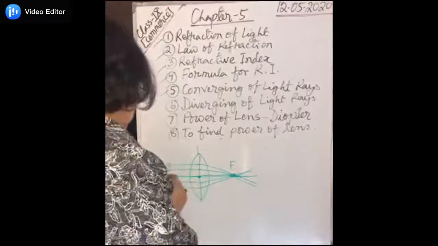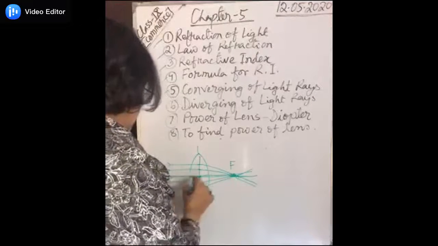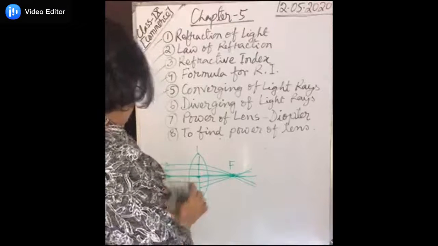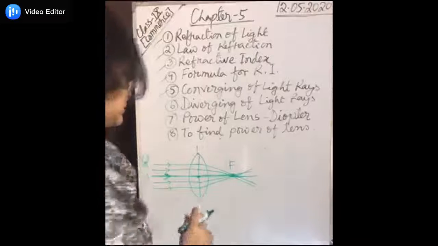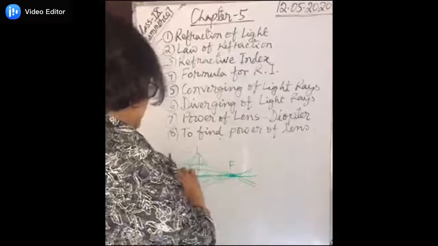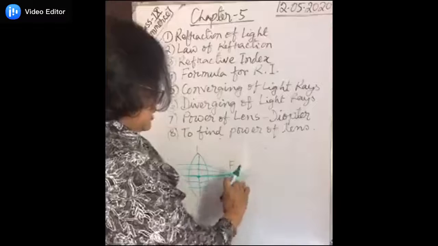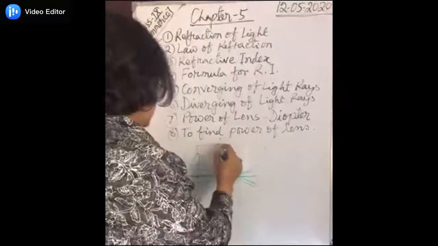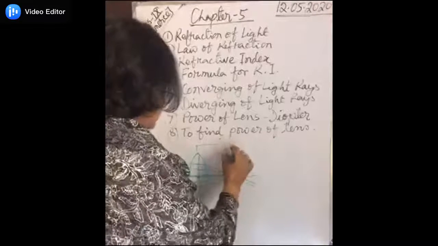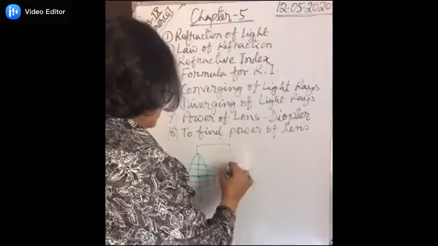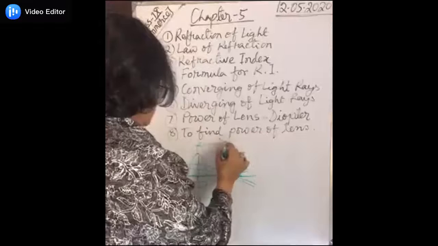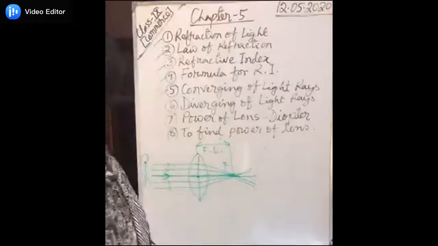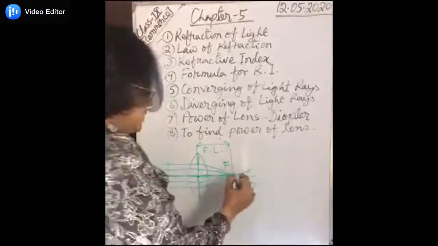The line which touches the optical center, that line is called the principal axis. And see, all the refracted lights are coming to a point. The distance between this point and here is called the focal length, and this one is called the principal axis.